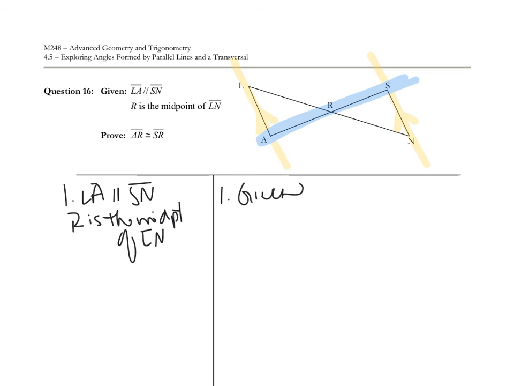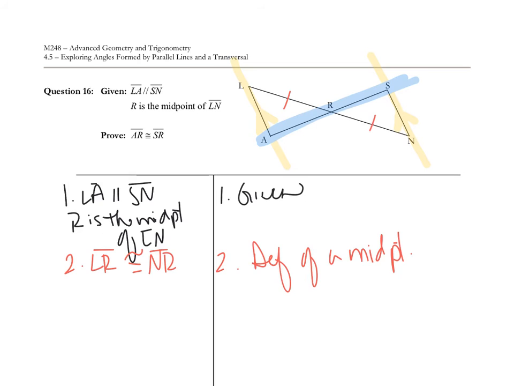Okay. All right. So remember that if you are given midpoint, median, altitude, bisect, or perpendicular, you need to break it down. So let's break down that R is the midpoint. If R is the midpoint of LN, that means LR is congruent to NR by the definition of a midpoint.